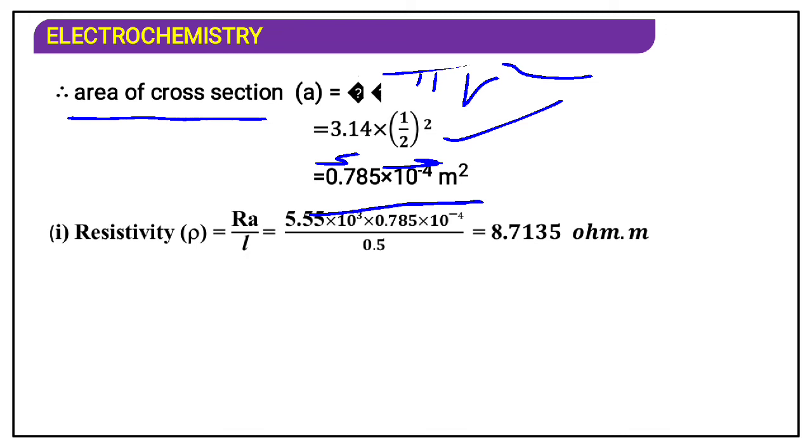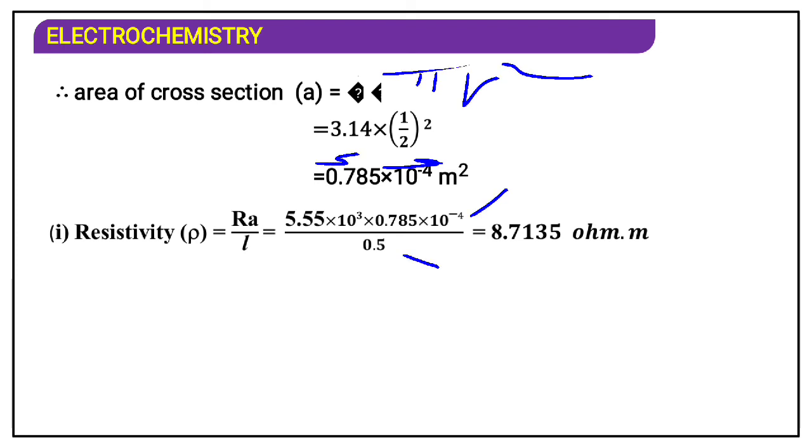Now, resistivity: we already have the formula. Resistivity is equal to resistance into area of cross section divided by L. Here the resistance given is 5.5 into 10 to the power of 3, area of cross section is 0.785 into 10 to the power of minus 4, and length is 0.5 meter.